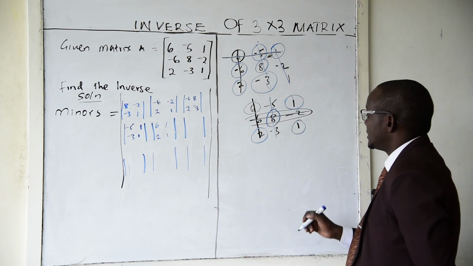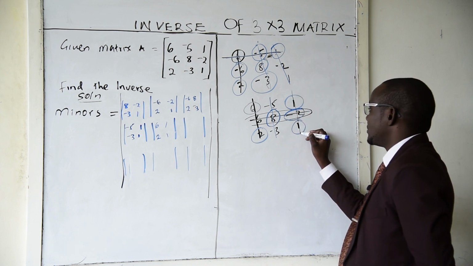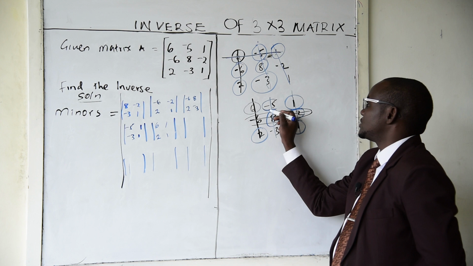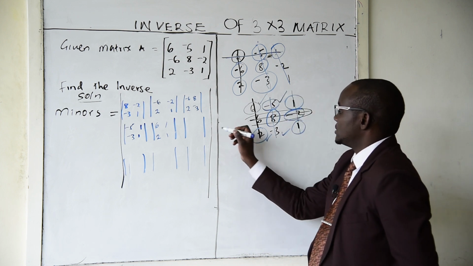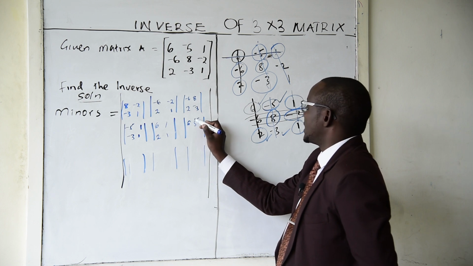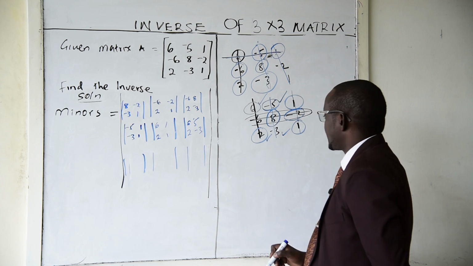To get the third one here, I cancel this column and the same row. So I remain with 6, negative 5, 2, negative 3.